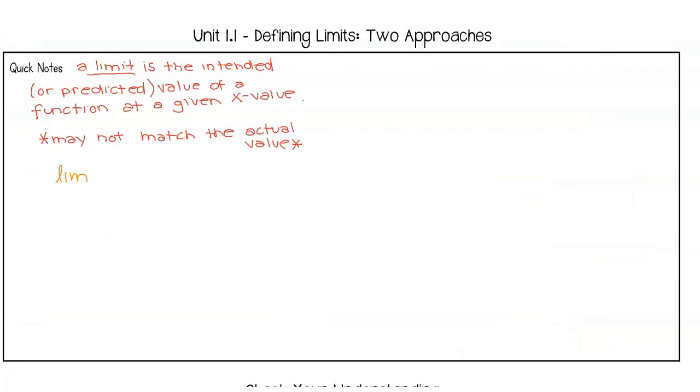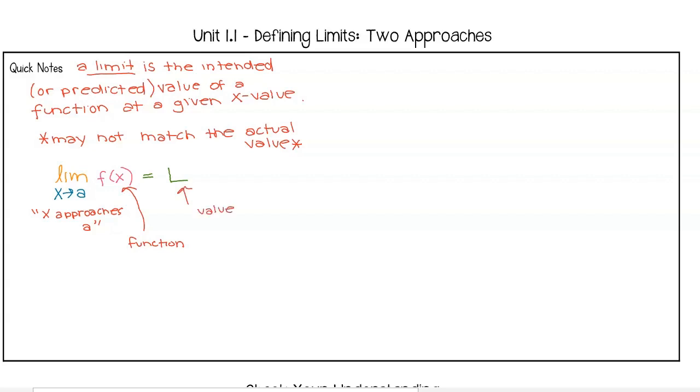Now let's go over the notation. We're going to write it as the limit as x approaches a, and the a will be a value, or there's a chance it might also be infinity, of some function f of x, and that will equal L. So this will be x approaches a, then this is the function, and here this is the value of the limit.